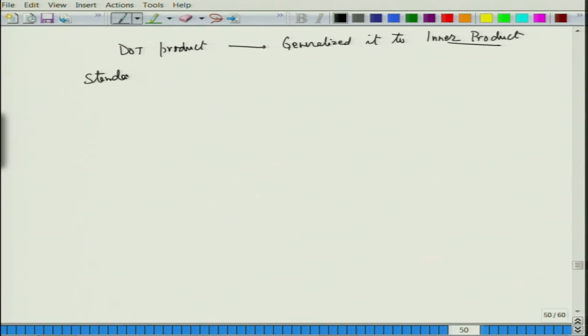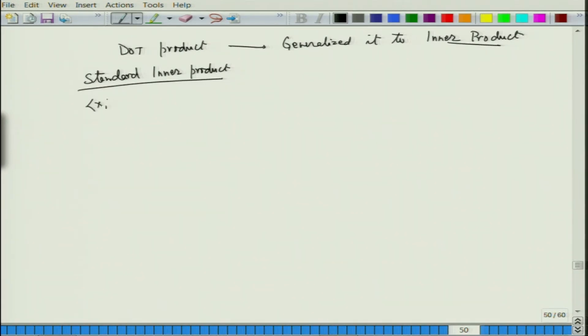So we have the notion of the dot product, and then we generalized it to what is called the inner product. For us, most of the time we are looking at what are called standard inner products.